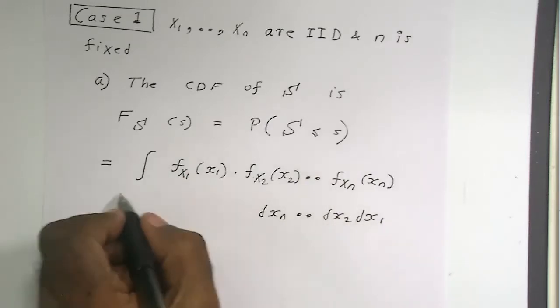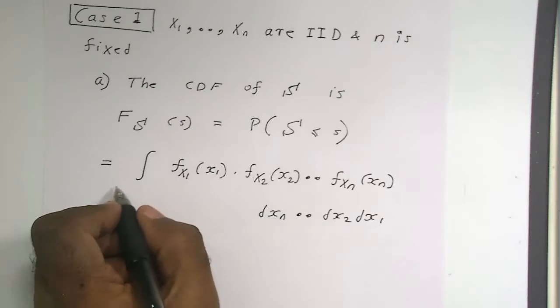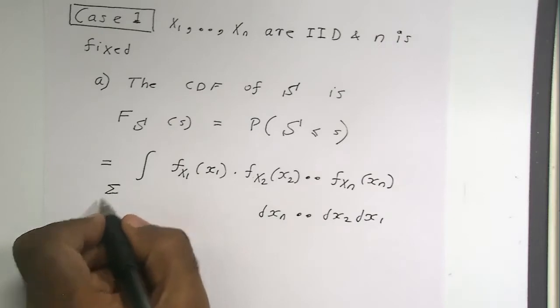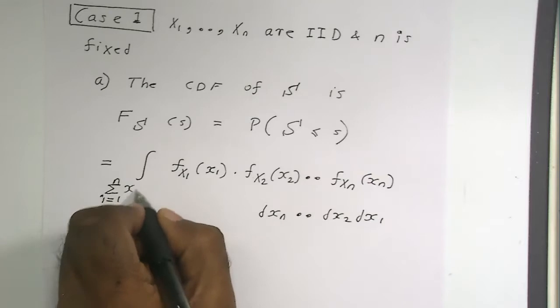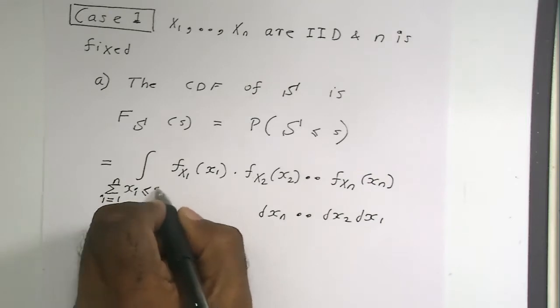And the integral is over the region where the sum of xi from 1 to n is less than or equal to s.